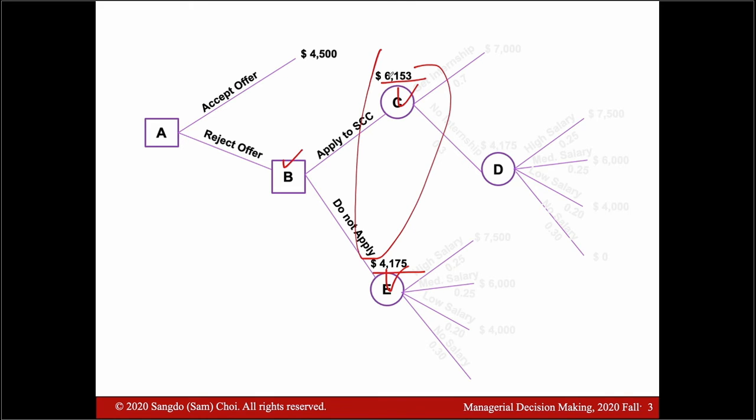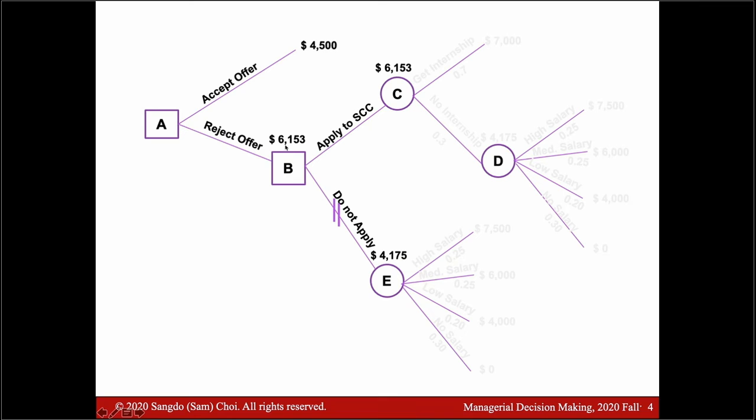Then you can choose this number, and take out the other. Then this number is your outcome for node B. So for event node D, E, and C, you have to compute the expected value, but for decision node B, you have to choose the best one. That's different.